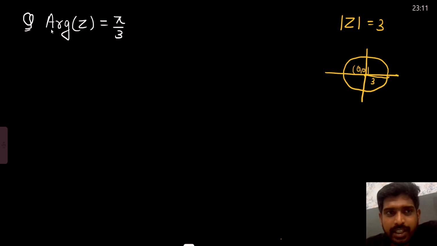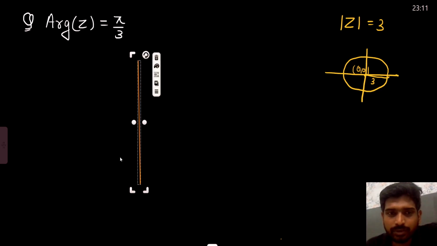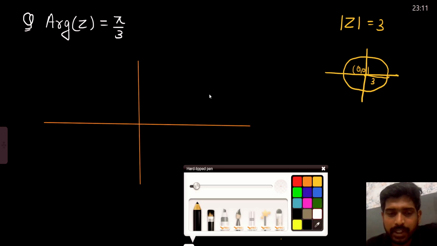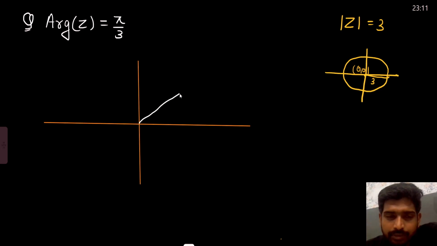Similarly, if you see here, argument of z is equal to pi by 3. This does not represent a unique complex number, right? It represents all the complex numbers whose argument is pi by 3, that means 60 degrees. If you try to draw all the complex numbers, they will lie on this line.